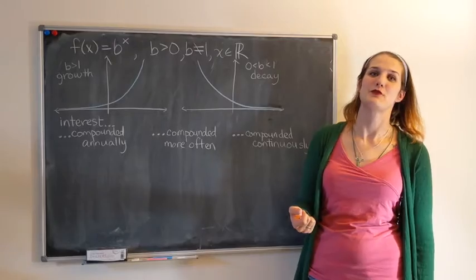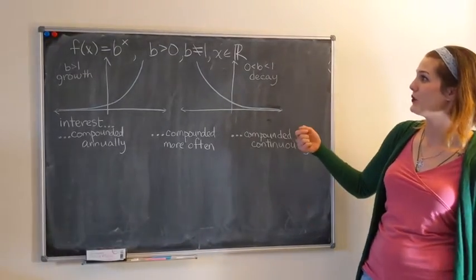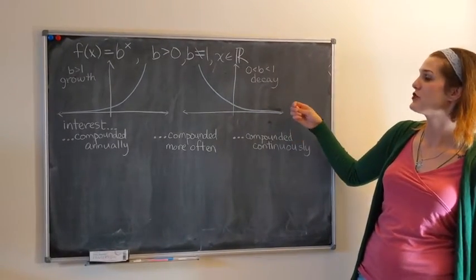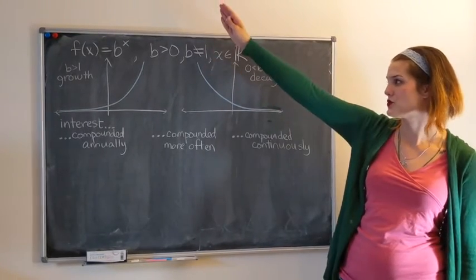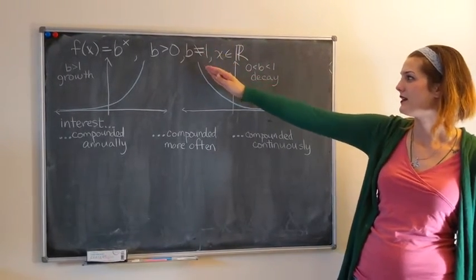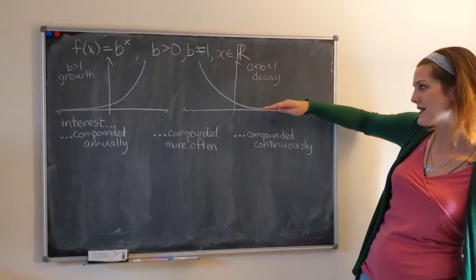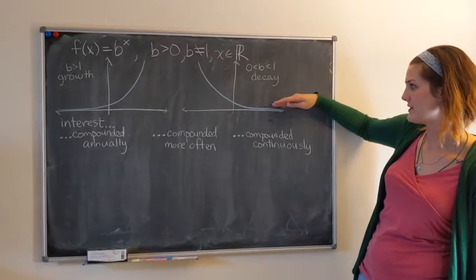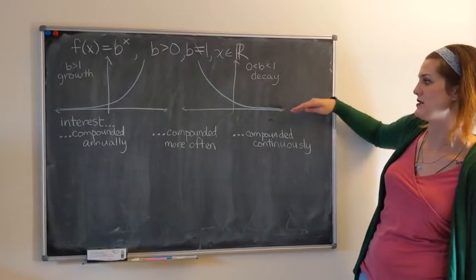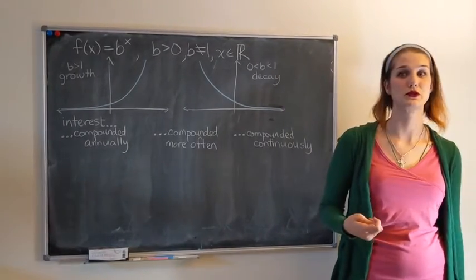In the case that b is between 0 and 1, we get exponential decay, where as x becomes very negative, it shoots up, but as x becomes larger and larger, our function approaches the horizontal asymptote at the x-axis, so it gets closer and closer to 0.